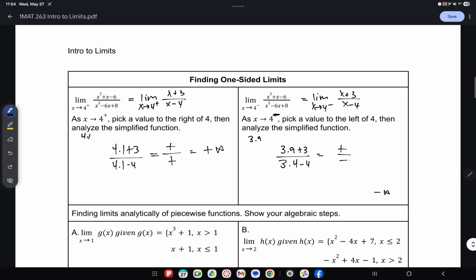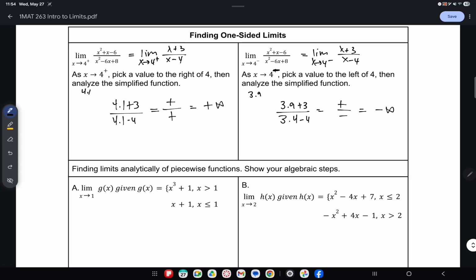It's going to give me a positive over a negative, so it is going to give me that negative infinity like I predicted. Right? So we can find one-sided limits because at this point it's telling us the behavior of the function. So the general limit, because they are opposites, doesn't exist, but these sided ones could.